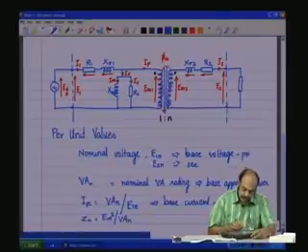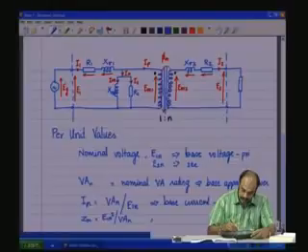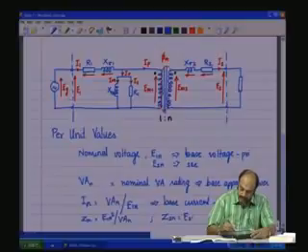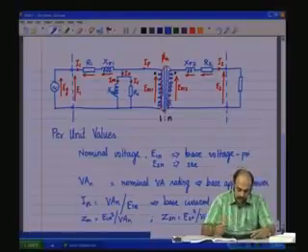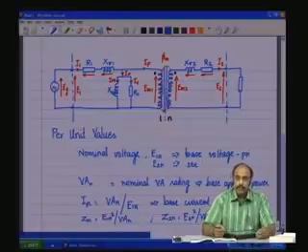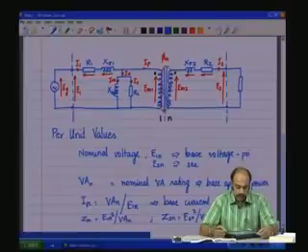If it is for the secondary side, that is, if we say this is Z1n, and Z2 nominal, the base impedance on the secondary side would be E2n square by VA nominal. These could be taken as the base values to obtain the per unit values of the transformers.